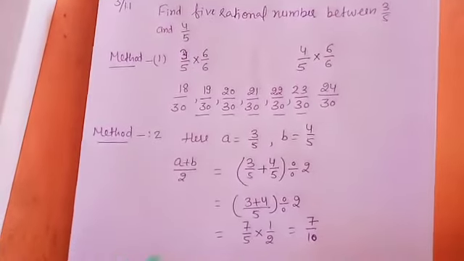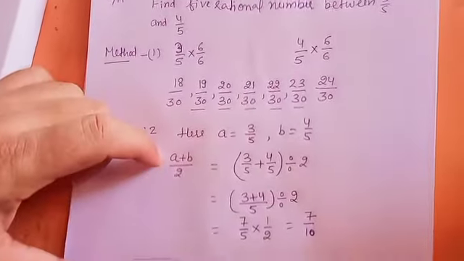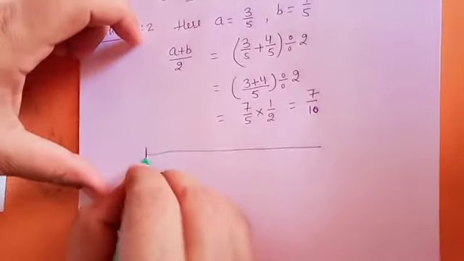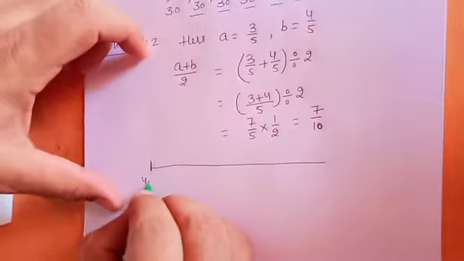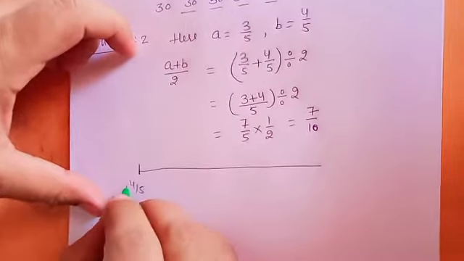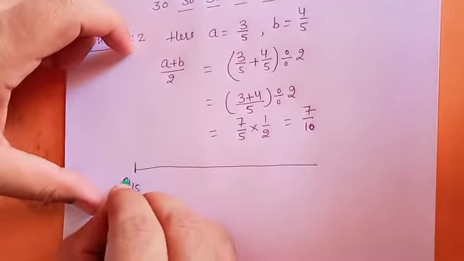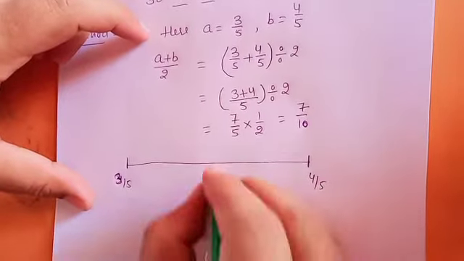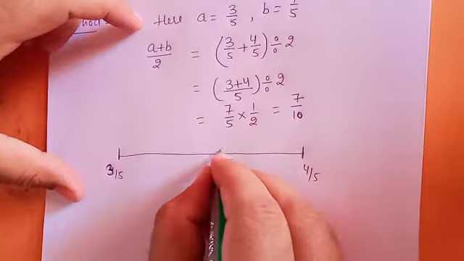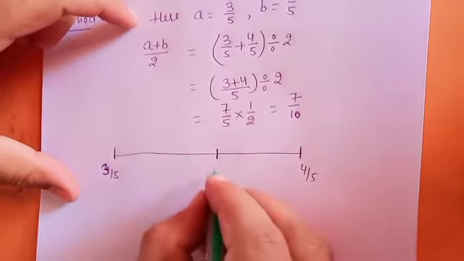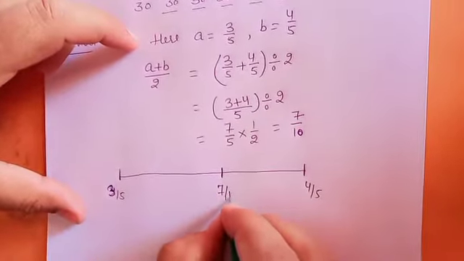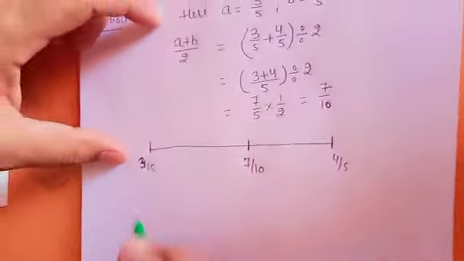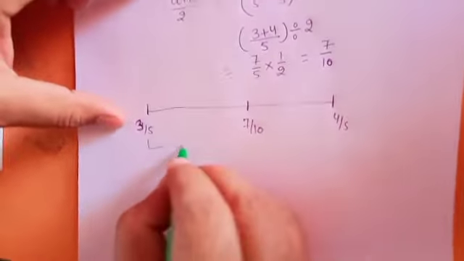If this is a number line, here is lying 3 by 5 and here is lying 4 by 5. So this number 7 by 10 is lying in between these two. Understood?